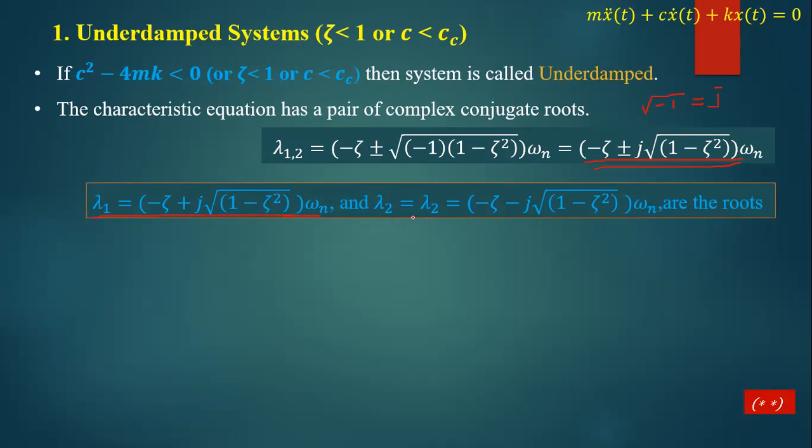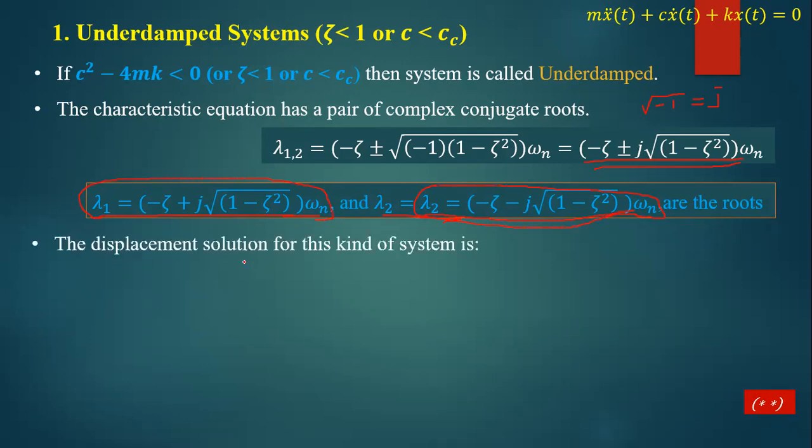And lambda 2 is equal to minus zeta minus j radical of 1 minus zeta square times omega n. These are the two roots.